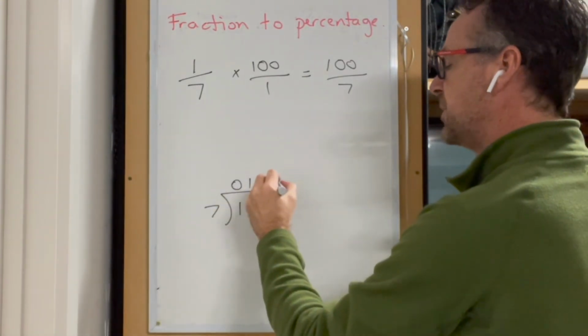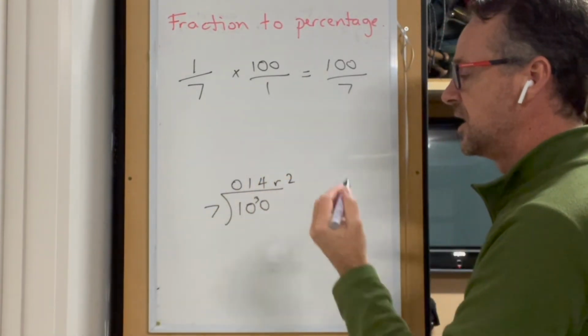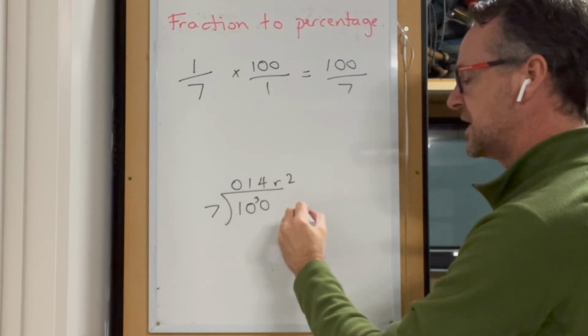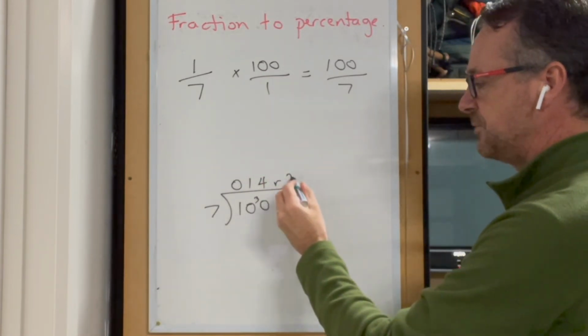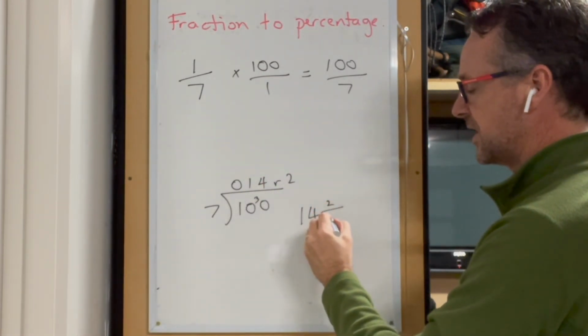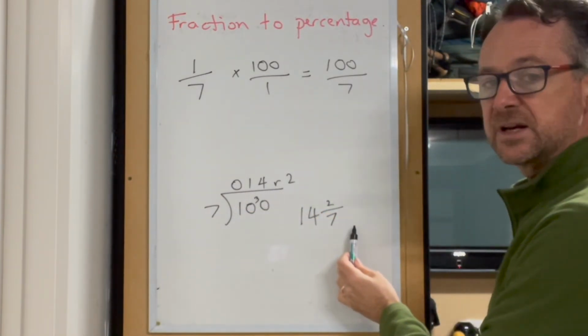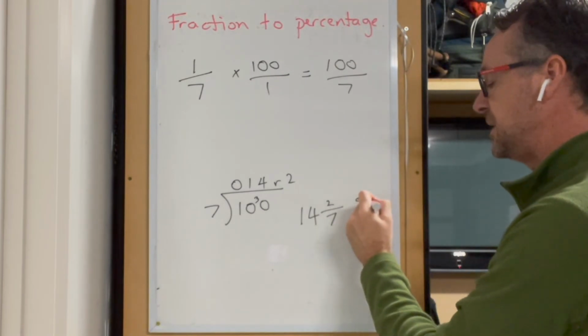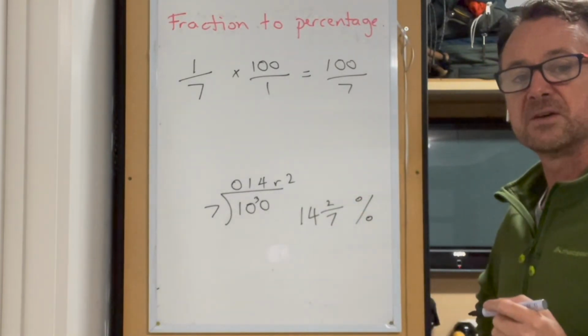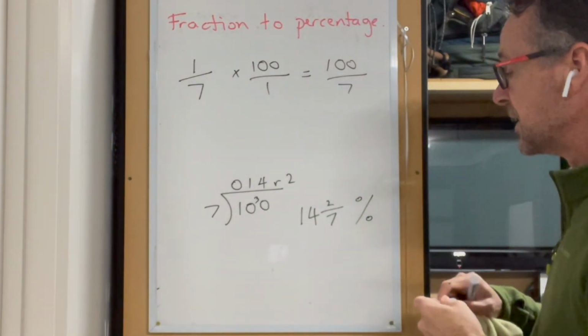Now, often you would have been told to write remainder 2 like that. What we can do now is take that 14, and with the 2, create a fraction. The 2 is the remainder from the sevenths, so it becomes 14 and 2 sevenths, and that becomes our percentage: 14 and 2 sevenths percent.